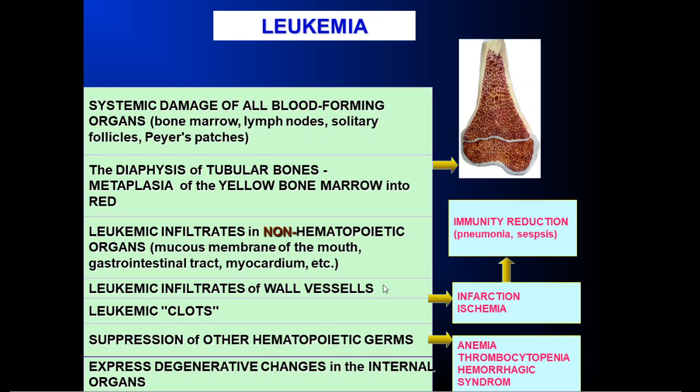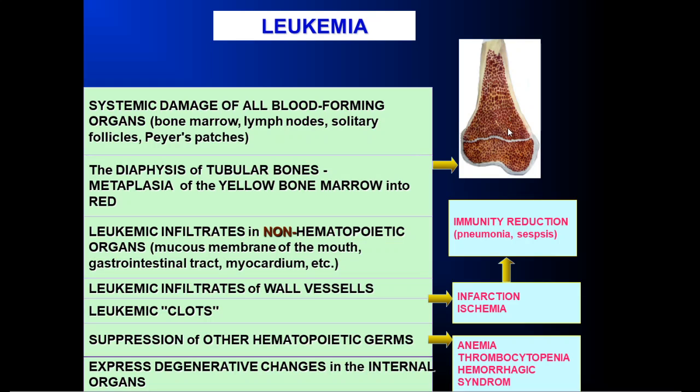Moreover, we have suppression of other hematopoietic germs. And again, the main reason of this is also spreading of tumor cells. So instead of different hematopoietic germs, I mean erythrocytes, thrombocytes, for example, we have only tumor cells.